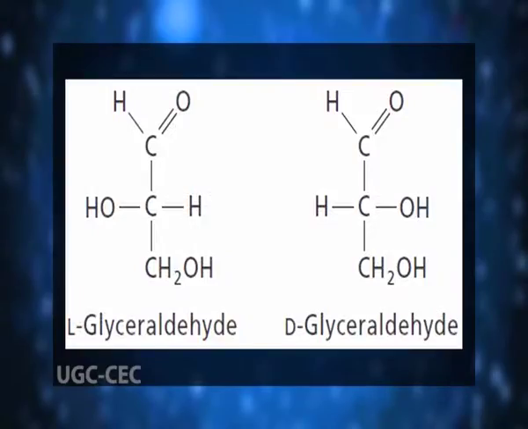D and L glyceraldehyde serve as reference points for the assignment of relative configuration to all other aldoses and ketoses. The reference point is the chiral center farthest from the carbonyl group, because this chiral center is always the next to the last carbon on the chain. It is called the penultimate carbon.